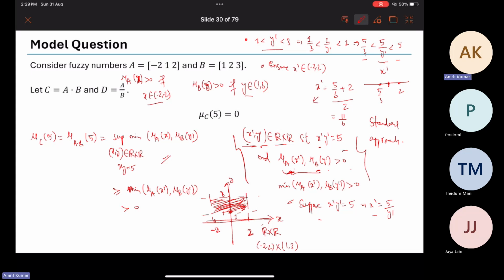And when x is 11 by 6, x dash is 11 by 6, y dash, which is 5 by x dash, would become 30 by 11.